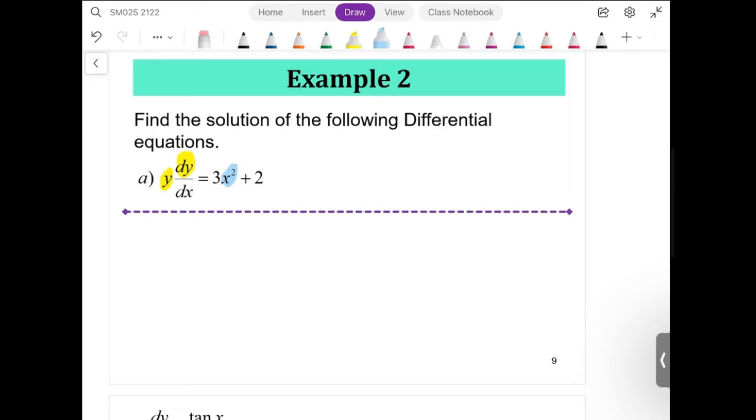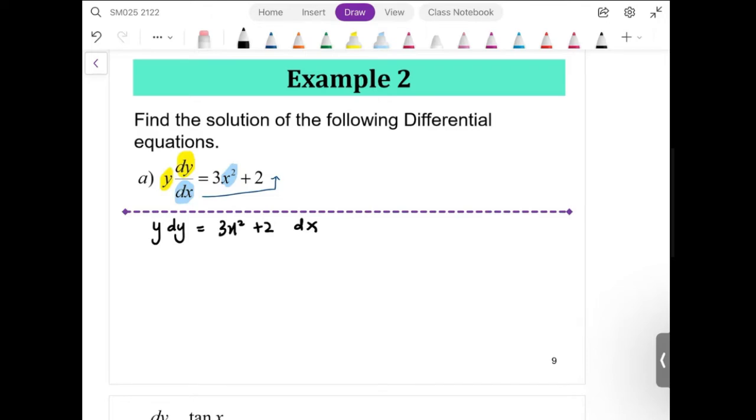Okay, so means that now dx, we have to bring it to our right side. Itu yang dimaksudkan dengan separate the variable. So, bila kita tulis semula, we gonna get now y dy equal to (3x squared plus 2) dx. Okay. Bila tengok macam tu, dah cantik dah. Kita tahu dah, kita dah berjaya separate.